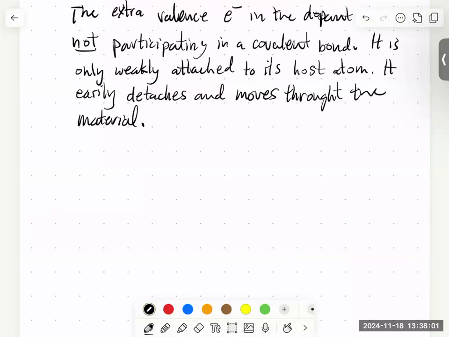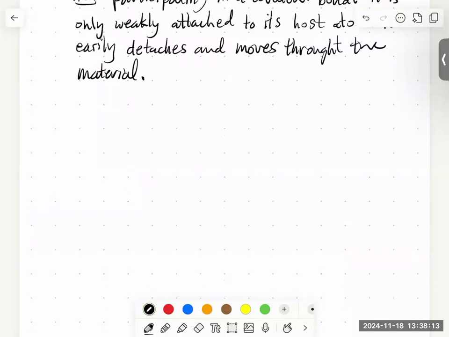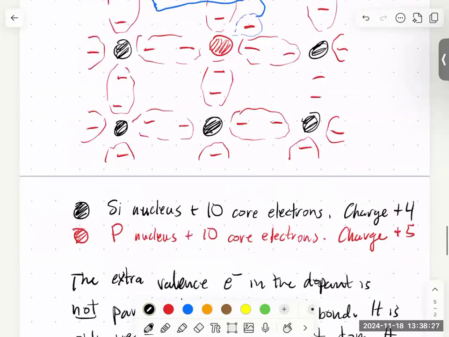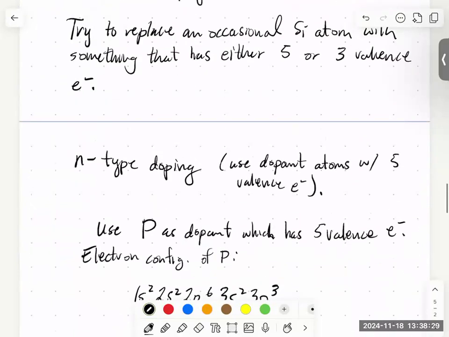The concentration of dopants will determine the concentration of these holes that we introduce, which are, again, going to be able to freely move throughout the material. So P-type doping, or if we like, hole doping. In fact, maybe we should go back and call N-type doping the same thing as electron doping.